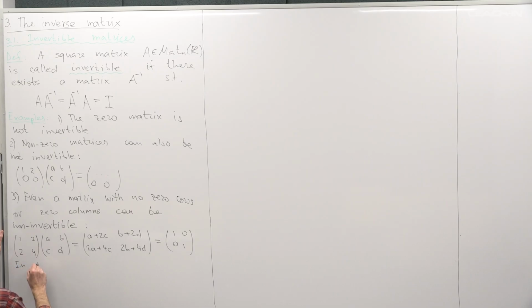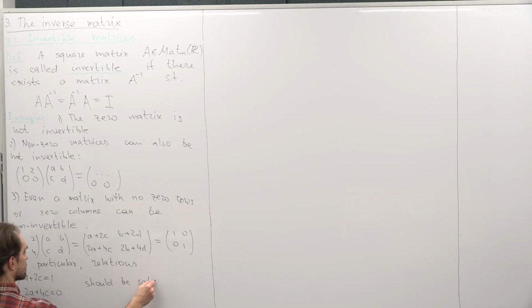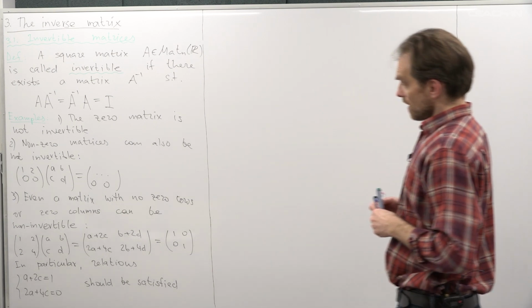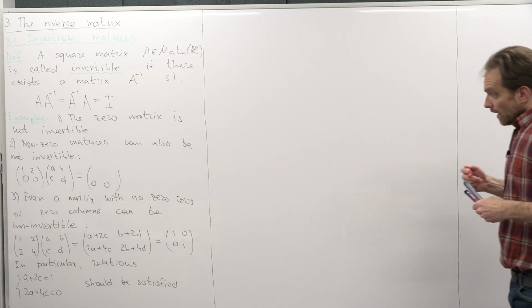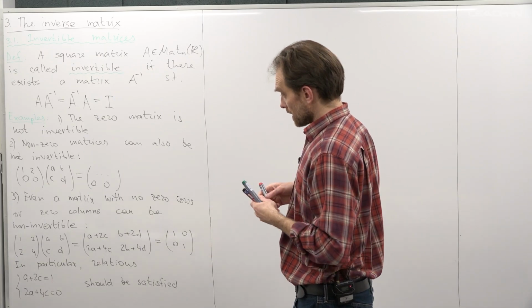So in particular, the relations A plus 2 times C equals 1 and 2 times A plus 4 times C equals 0 should be satisfied. But obviously the left-hand side of the second relation is just twice the left-hand side of the first relation.